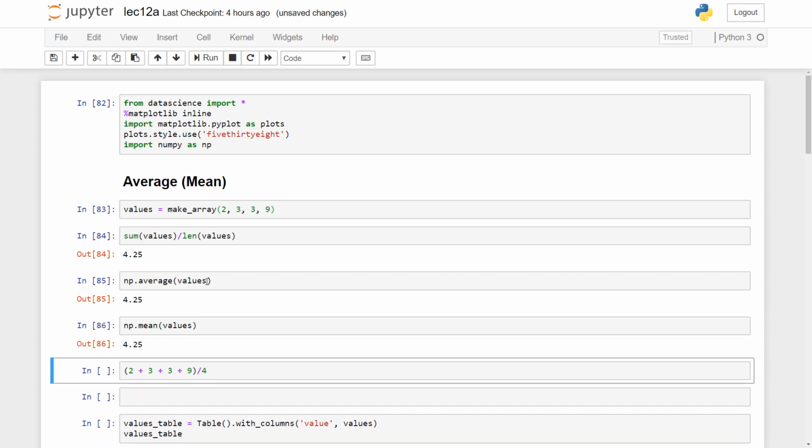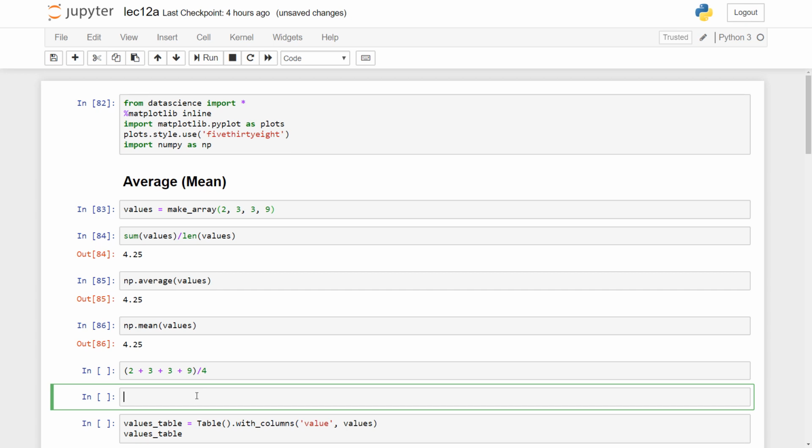Now let's look at how we actually compute the average and try to rearrange the way that we do it. The sum over the number is the addition of all the numbers, 2 plus 3 plus 3 plus 9, over 4. Now let me rearrange this in a different way.